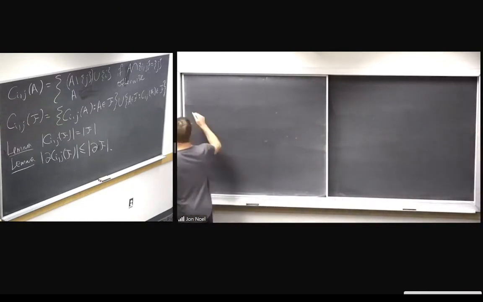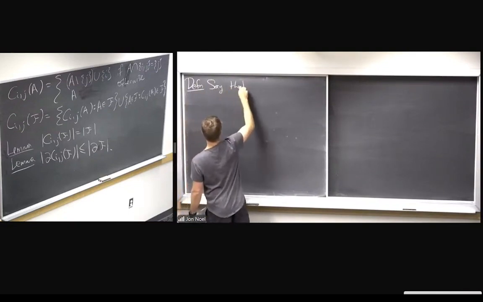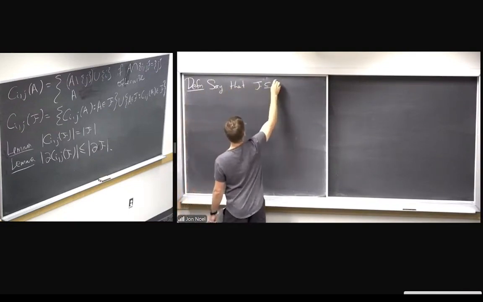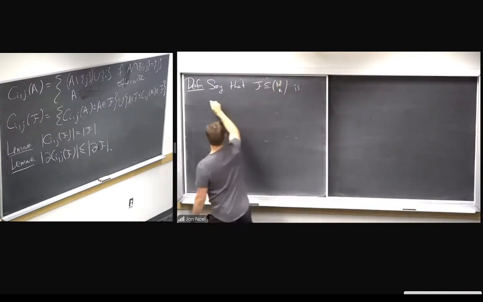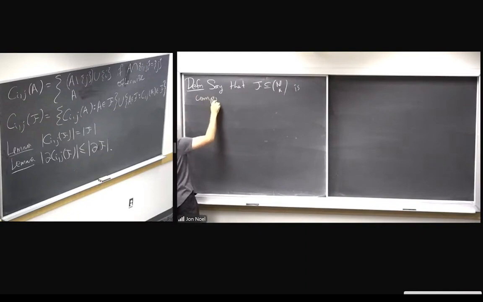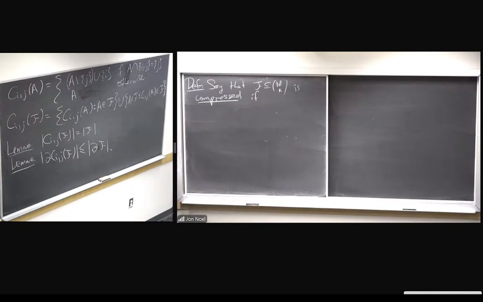So, definition: say that a family F in ([n] choose k) is compressed if basically it's as compressed as it can get using this compression operation.